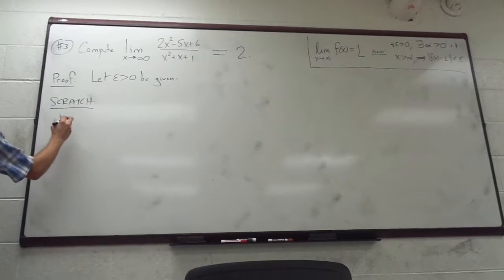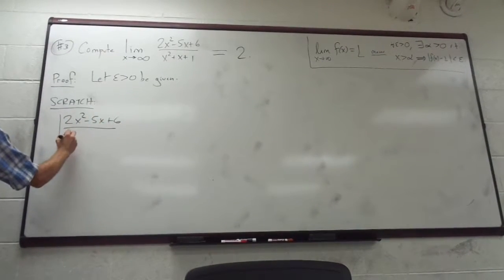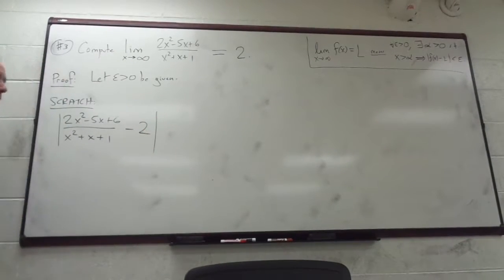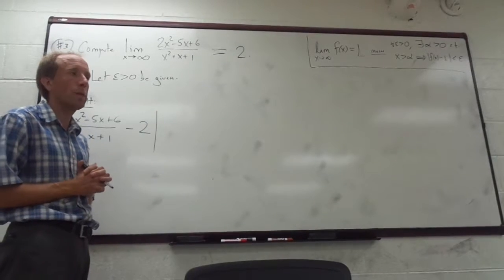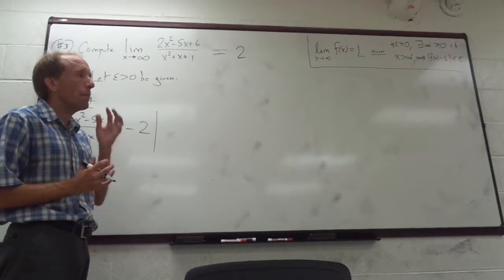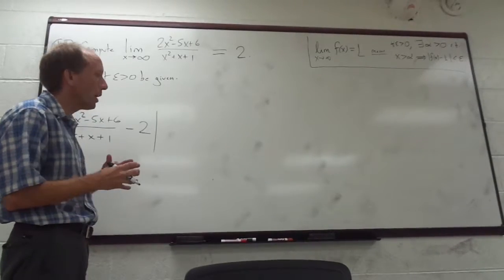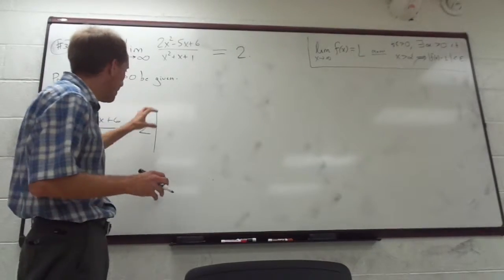So the f of x, I'll put that here, 2x squared minus 5x plus 6 all over x squared plus x plus 1 minus L, which is 2. Right, and I want that to be less than epsilon. Before I start doing a chain of biconditionals, let me just simplify this first.